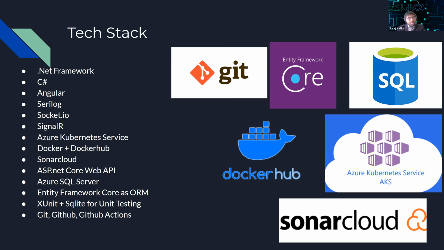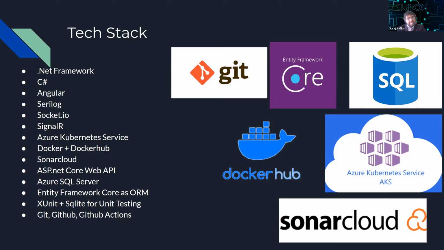We use Azure Kubernetes Service to manage and scale our containers, Docker to containerize our services, and Docker Hub as where we host our images. We use Sonar Cloud for our code analysis. We use the ASP Core Web API for creating our API services. And we use an Azure SQL service for our database and Entity Framework Core as our ORM, our object relational mapper, using a code-first approach to create our database.